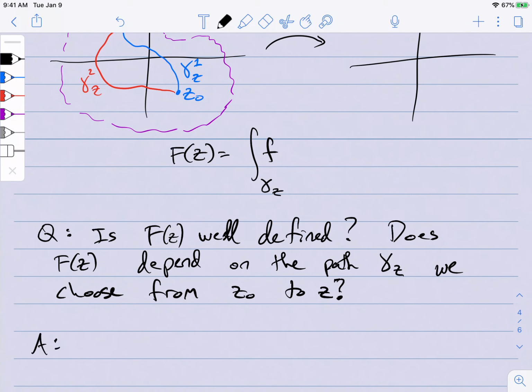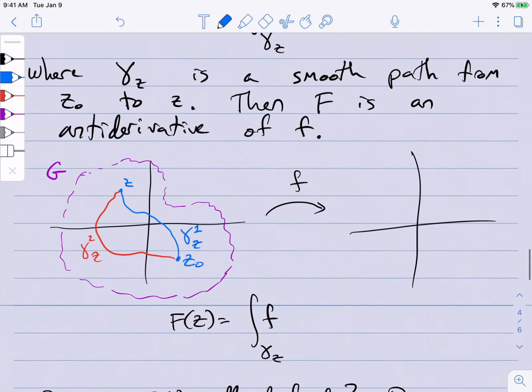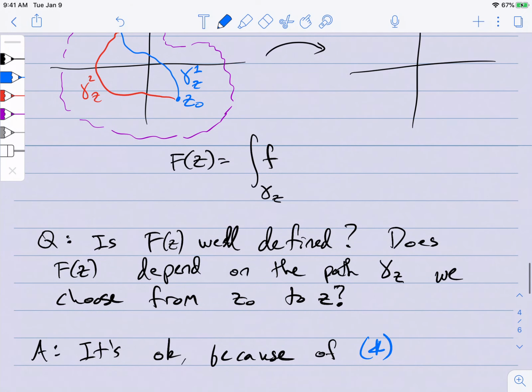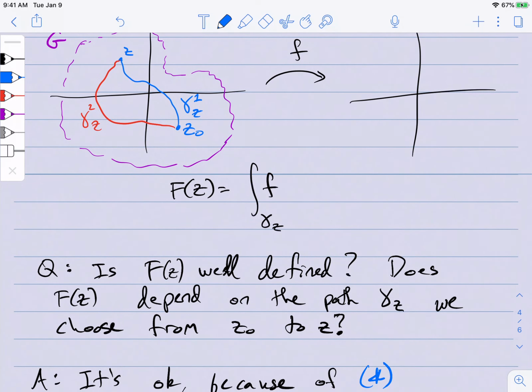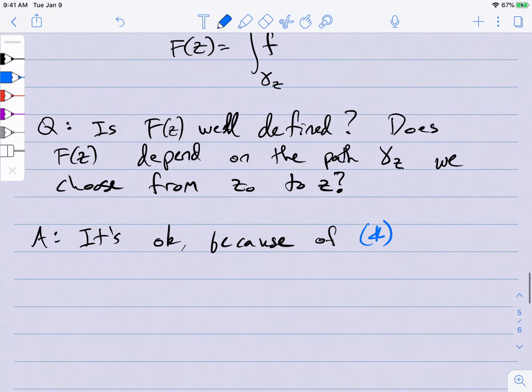And so the answer is it's okay because of this hypothesis star that we had up here. So why is that? Let's look at these two paths that I have right here. The claim is that the integral over gamma 1z of little f equals the integral over gamma 2z of f.